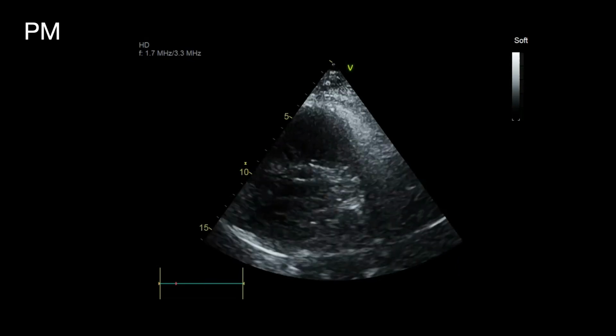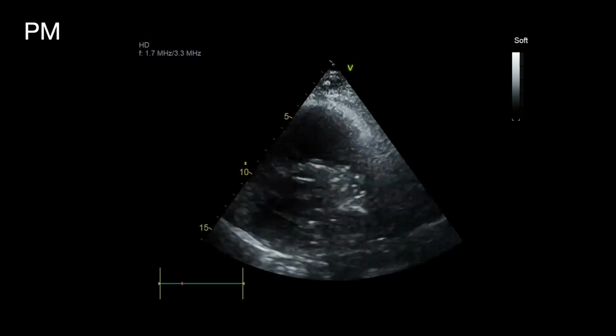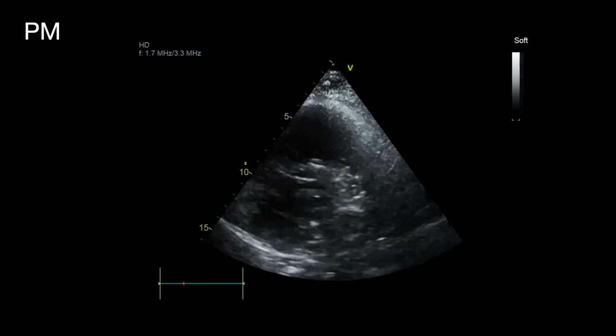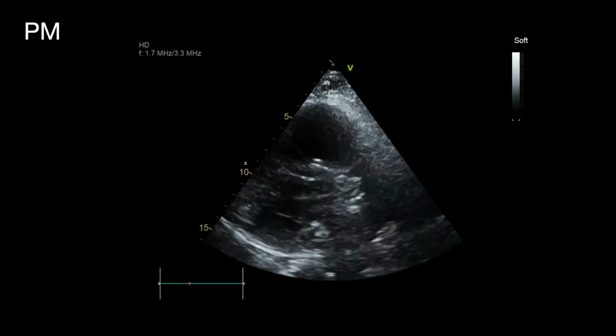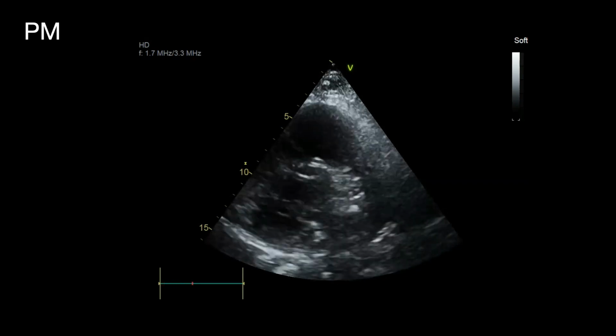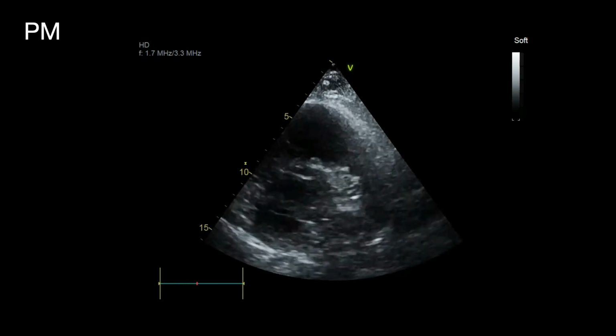Alrighty. Next example. This is just to illustrate that sometimes 2D images are average, and it's hard to make a call about anything, and this is where you may start when you have a parasternal long axis view, which is what it is, but it's really hard to make any comment based on this 2D image.